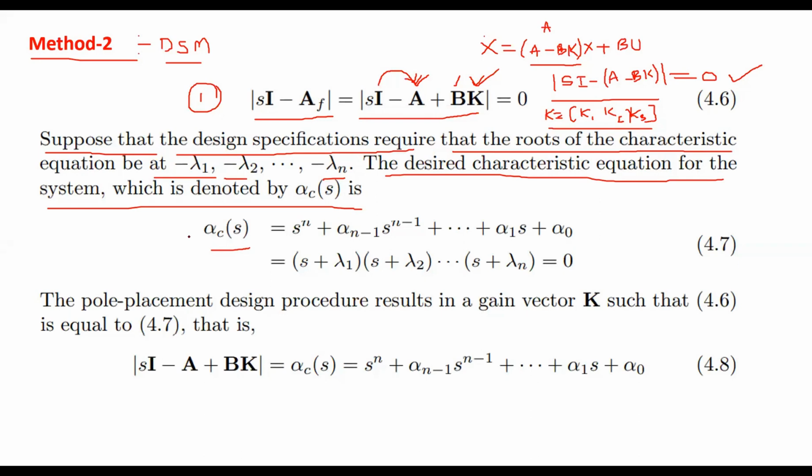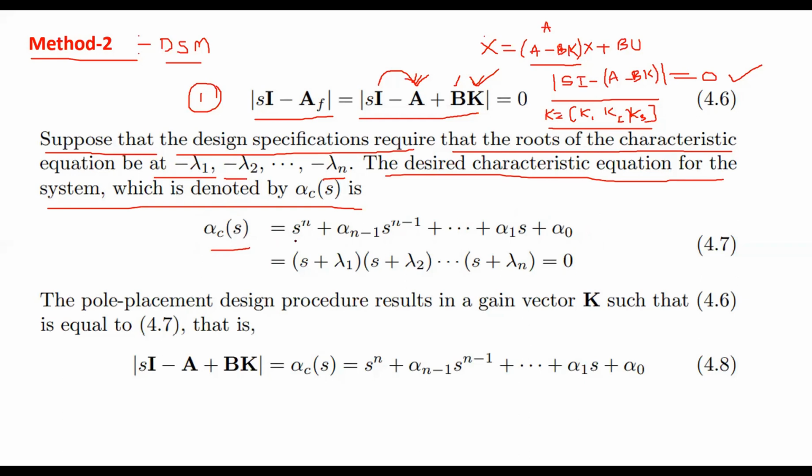Please take it however you like, K of s or M of s, P of s, whatever it is. It has to be specified as alpha c of s is equal to s power n plus alpha n minus 1 into s power n minus 1 plus alpha n minus 2 into s power n minus 2 plus and so on plus alpha 1 into s plus alpha naught.